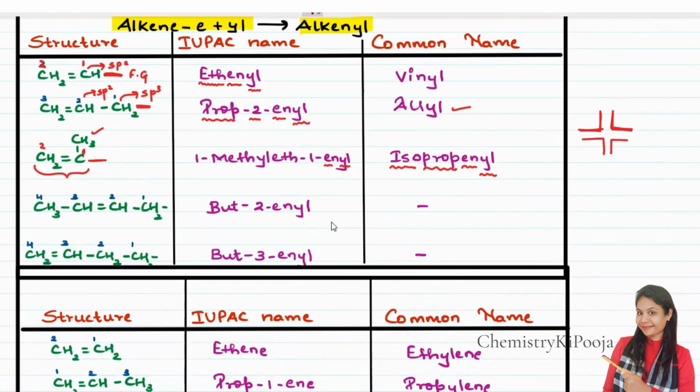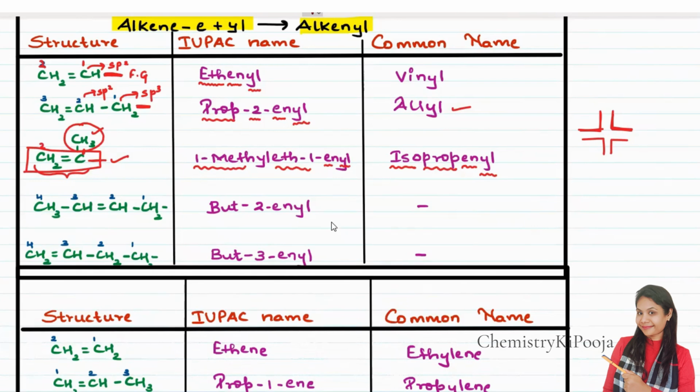The entire structure, whatever number of carbon atoms are present, everything you are going to count. Whereas for IUPAC, the carbon atoms present in the chain, that you are going to write down as the parent, that as a suffix. Whereas whatever is present outside the chain, we call it a substituent, that you are going to write as a prefix.